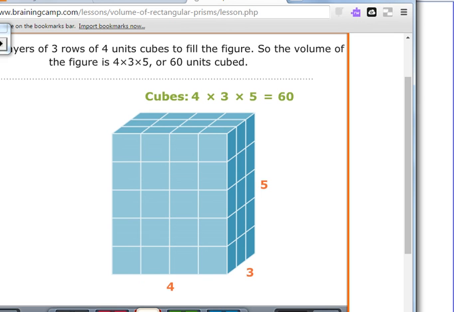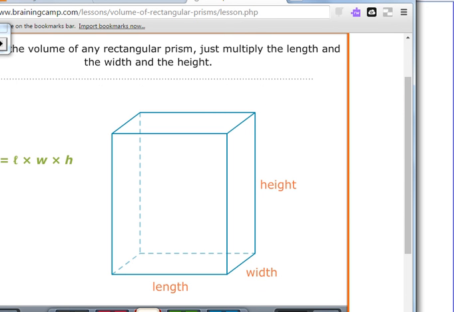It takes 5 layers of 3 rows of 4 unit cubes to fill the figure. So the volume of the figure is 4 times 3 times 5, or 60 units cubed. So to find the volume of any rectangular prism, just multiply the length and the width and the height.